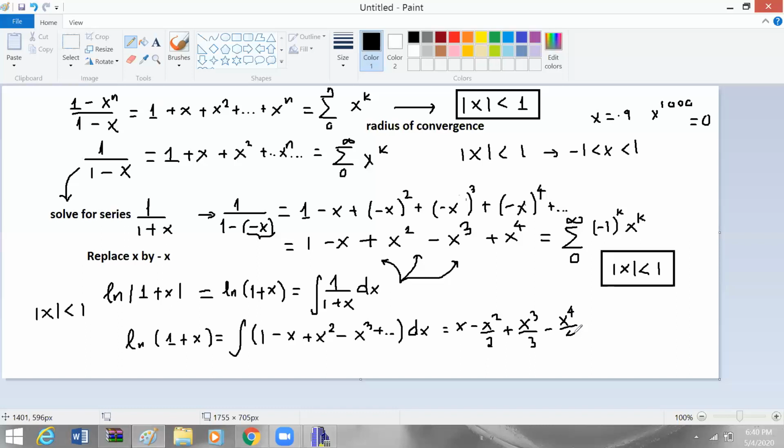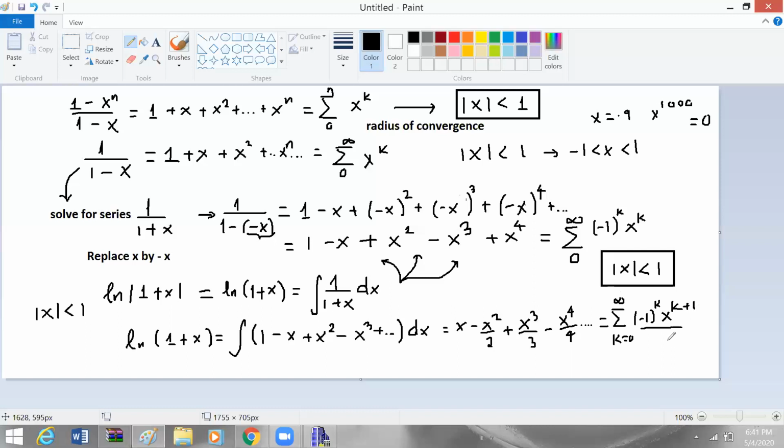And then plus x to the 5th over 5 and minus x to the 6th over 6, and so on and so forth. I can rewrite the entire term with -1 to the k as well, right? And k goes from 0 to infinity. And this is how we're going to write them down. So that would be x to the k plus 1 over k plus 1.